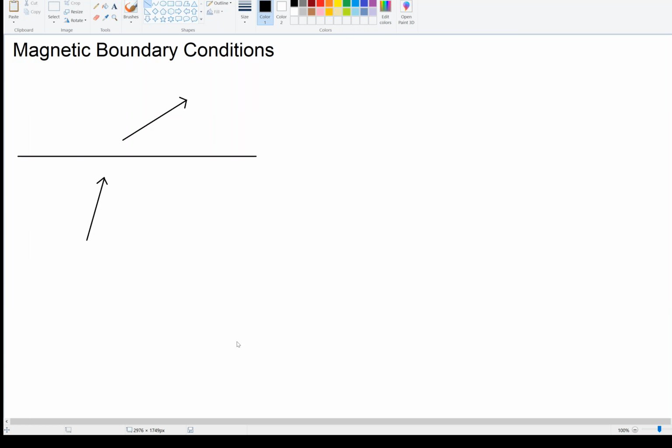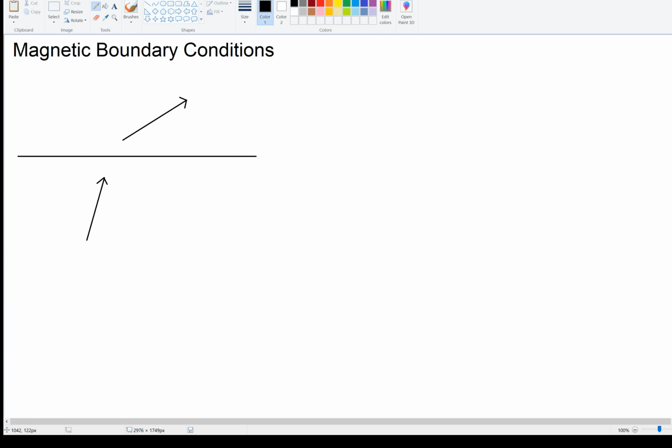Now in my drawing, I have an interface here, which is the straight line, and it does not need to be straight, by the way. It can be curved, but if it's curved, then it can be approximated as straight locally. That's the idea behind calculus.